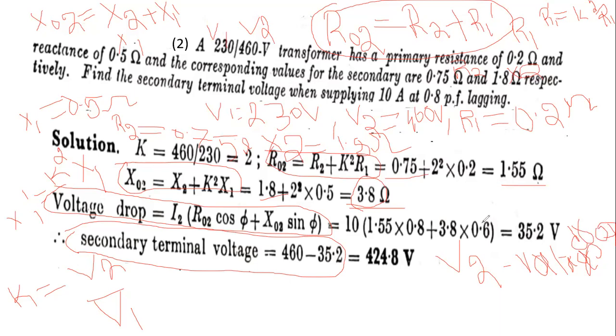What is the V2 value? That is 460 minus voltage drop, 35.2. That is the secondary terminal voltage. Understand now?